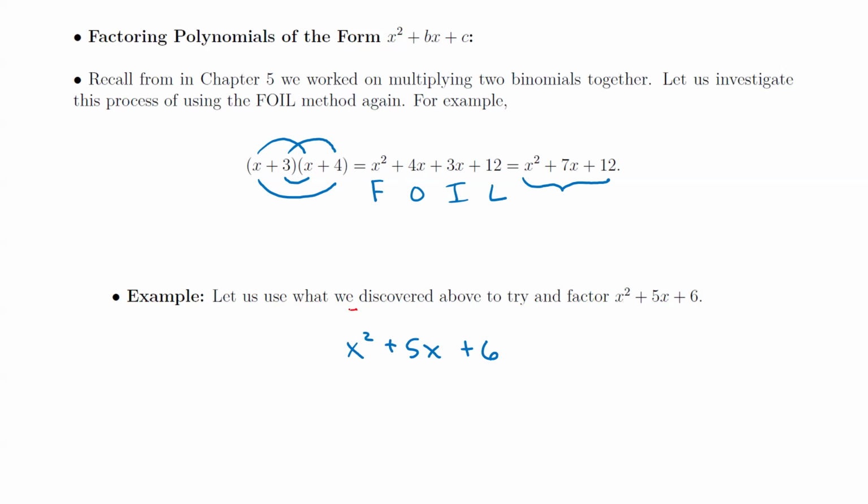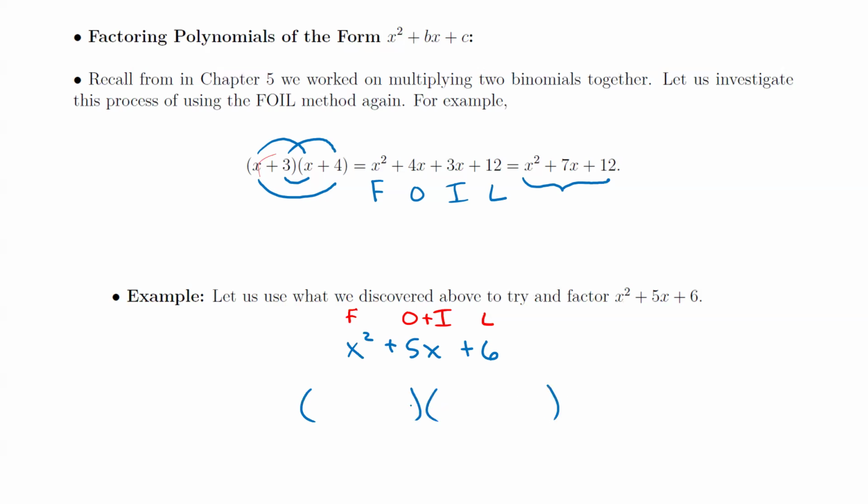So I know that if it did come from something that looked like this, the x squared is the first times the first. The constant term, 6, is the last times the last. And the 5x, the middle term, is the outside plus the inside. So with that knowledge, I can think about what this would have to look like.